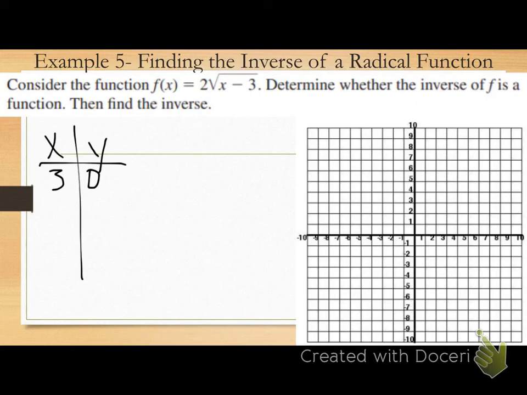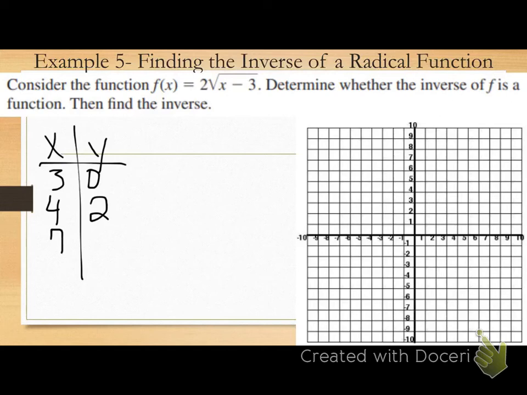What could I plug in that would give me another perfect square under my radical? 4. 4 minus 3 would give me 1. Square root of 1, 2 times 1. Everyone with me? What number could I plug in to get my next perfect square under the radical? 7. 7 minus 3 is 4.